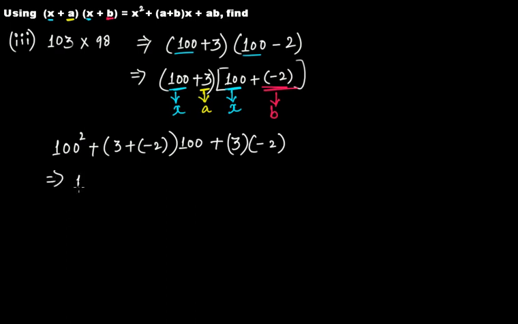This gives you 10,000, plus 3 minus 2 is 1, 1 multiplied by 100 is 100, plus 3 multiplied by −2 is −6. So you have −6 here. So this gives you, if you subtract this, 10,000 plus 94. So you get 10,094.